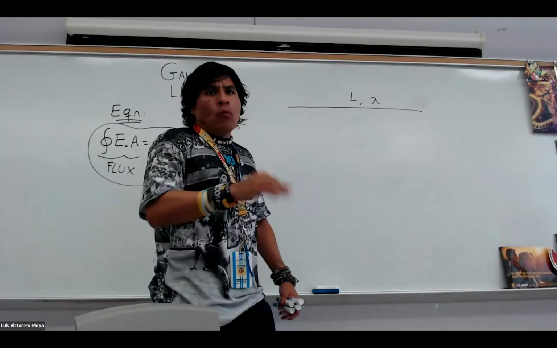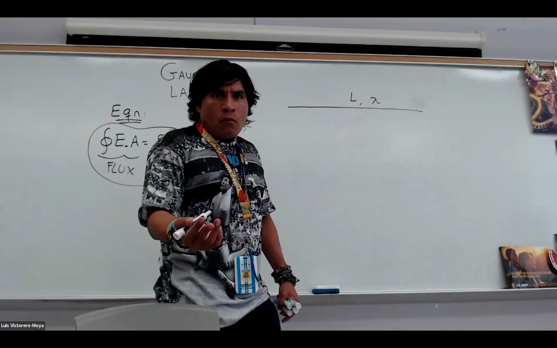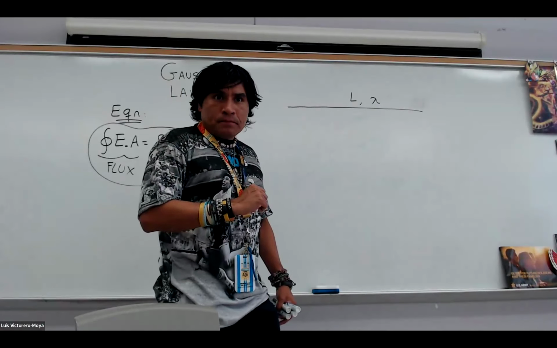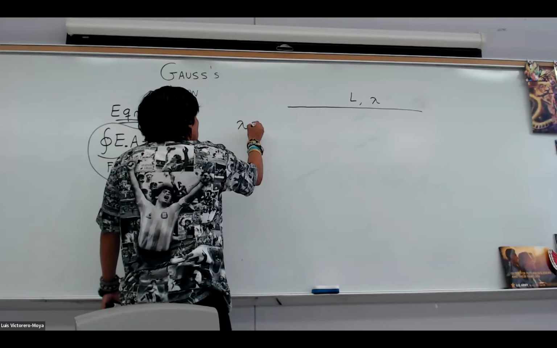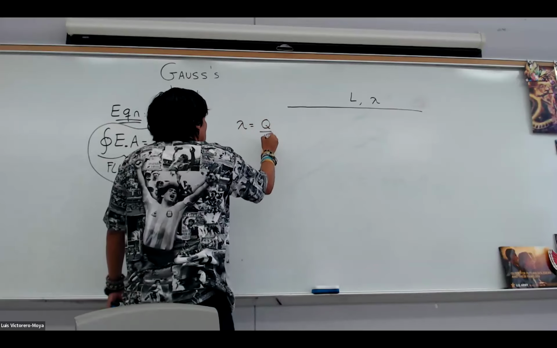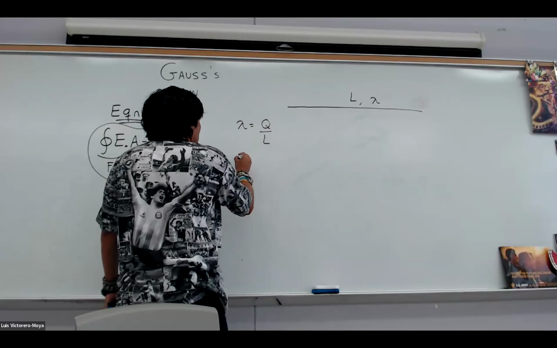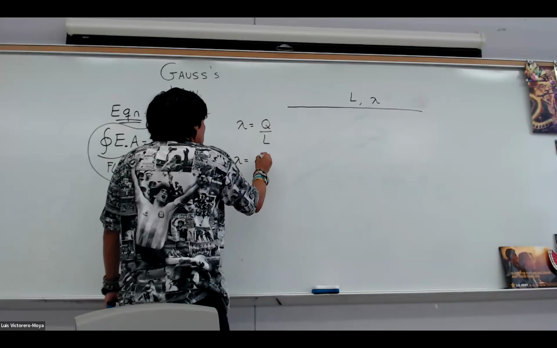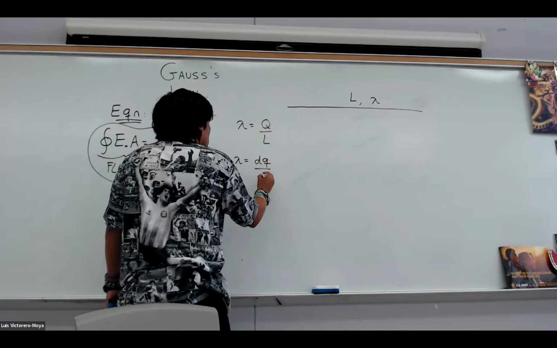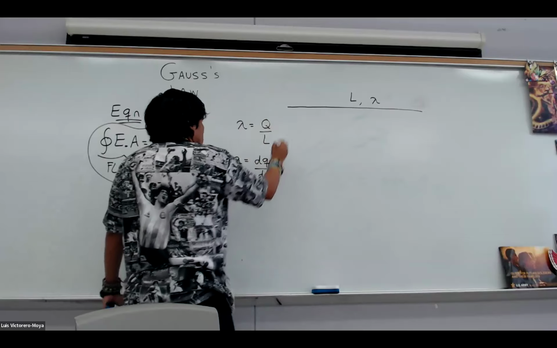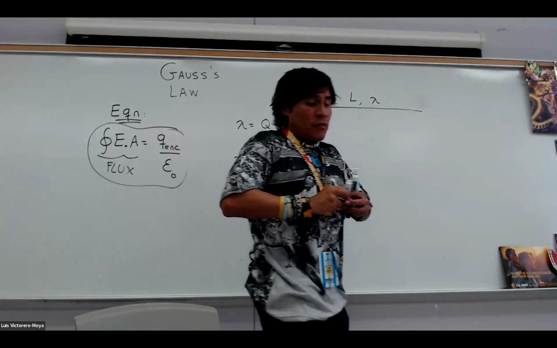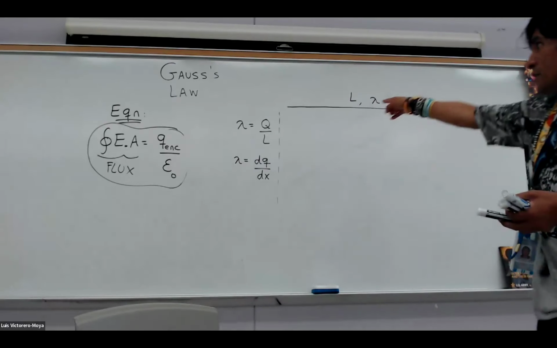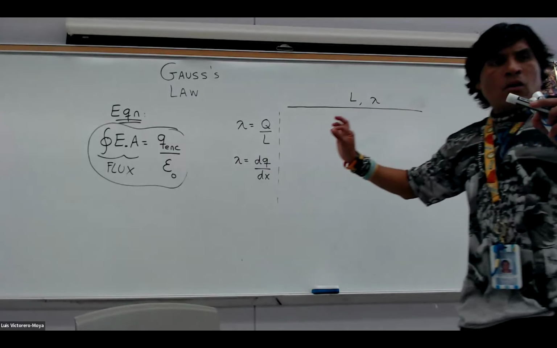There are more questions in there, like what's the value of Q in terms of lambda? Lambda is Q divided by L. But you probably have done this already in class, lambda is dq over dx. It's a differential, right? So you can use differentials to find electric fields, or you can use Gauss's law. There is symmetry there. It's a very long line.